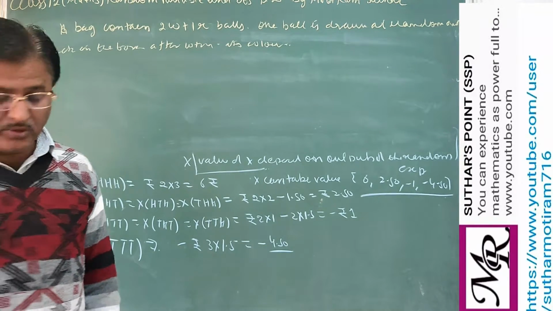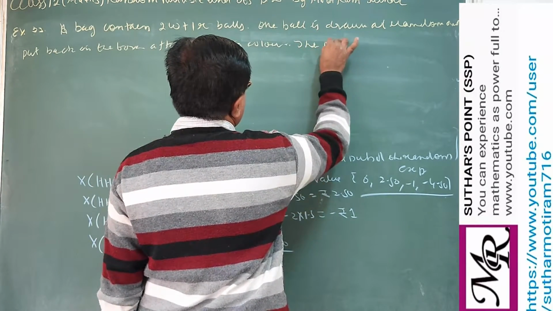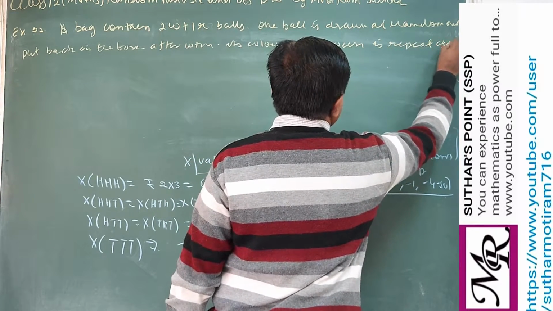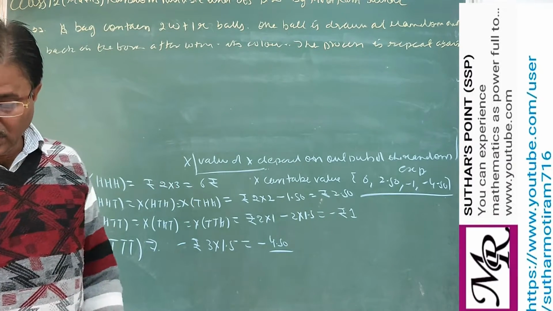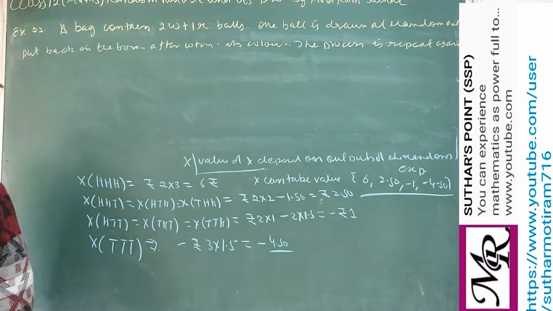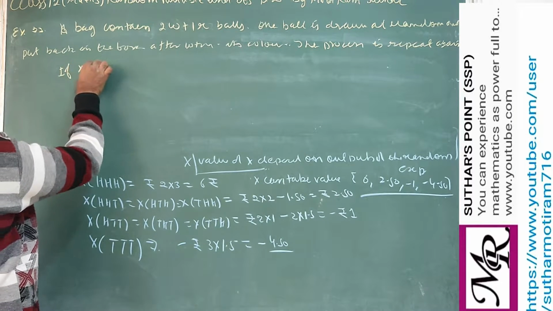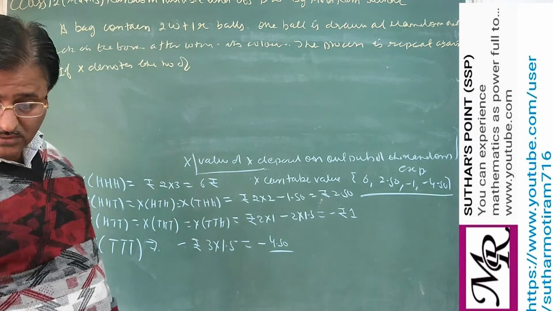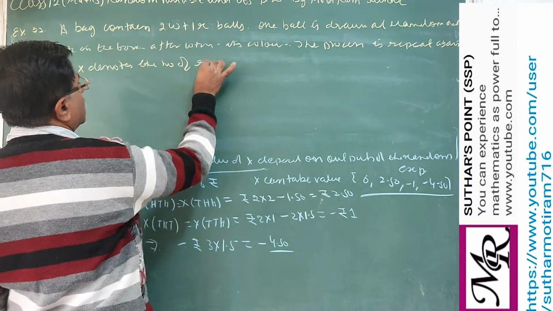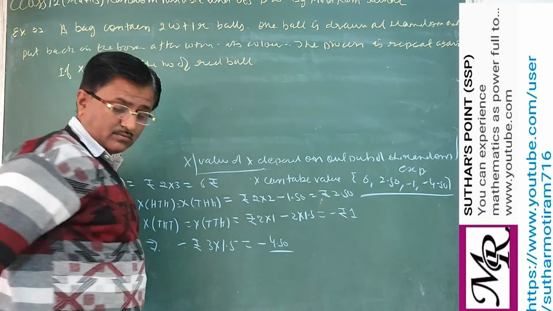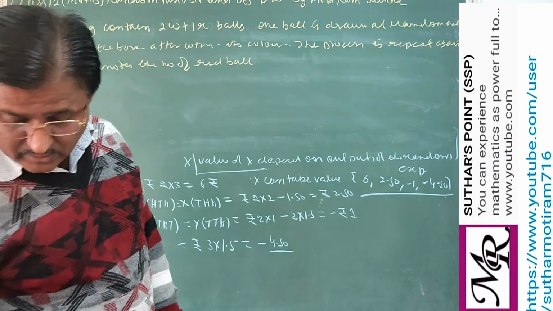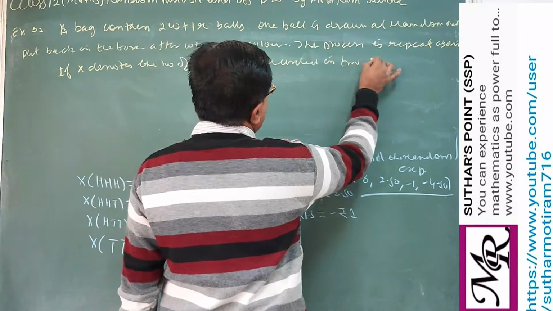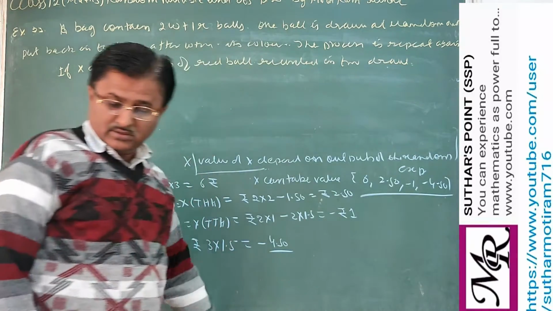Then say the process is repeated again. If x denotes the number of red balls recorded in the two draws.